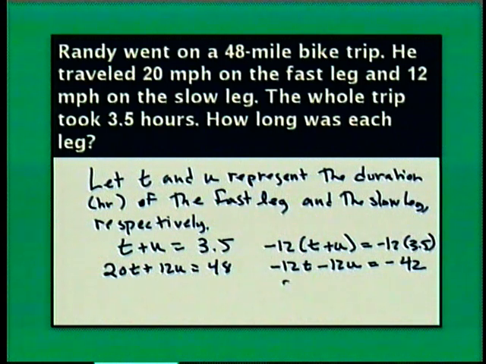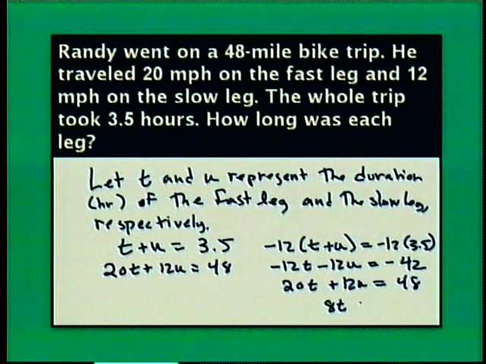I'm going to add to that 20t plus 12u equals 48. So I'm left with 8t equals 6, so t is going to be 6/8 or 3/4.